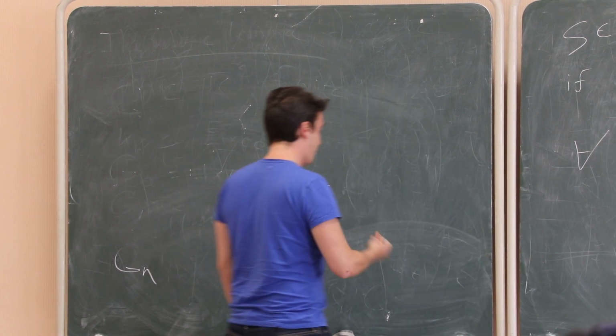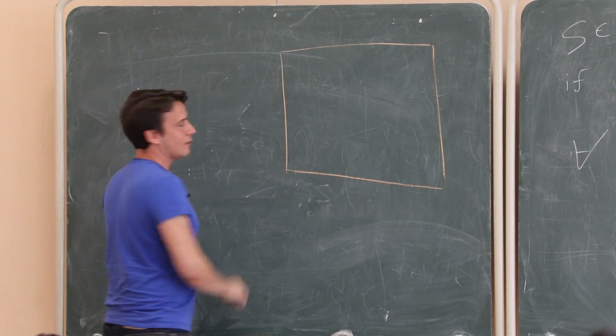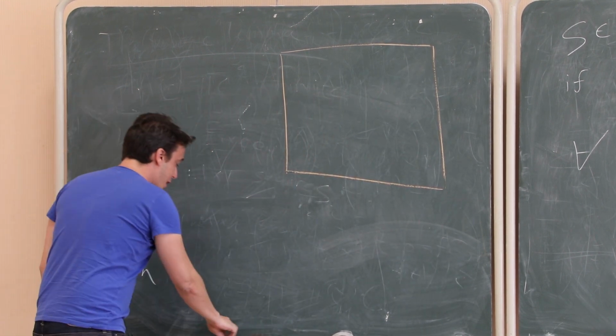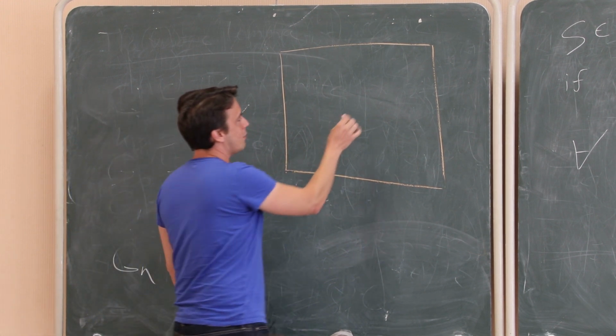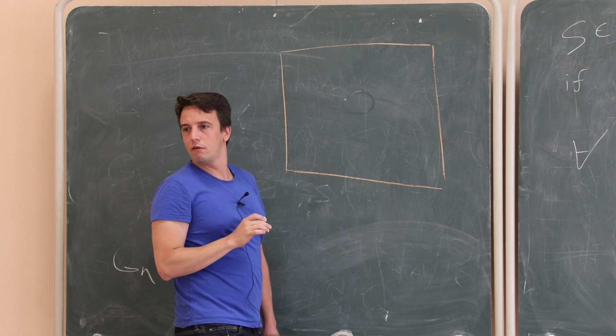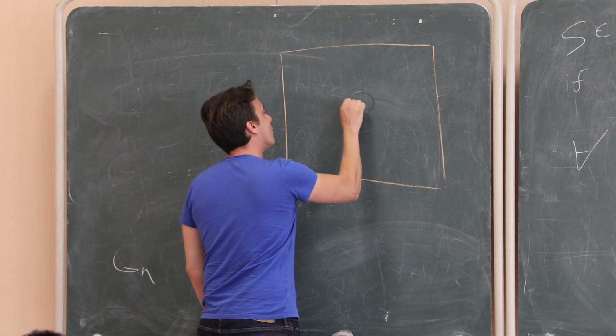and so forth. Let's say I have a square, and inside there's a point, and let's say I know about this point that it is somewhere in the middle of the square, exactly in the middle or close to the middle.